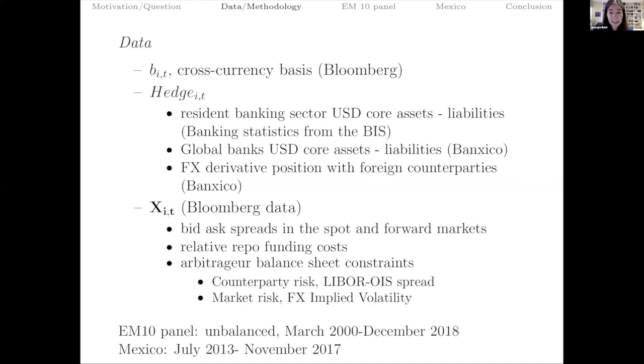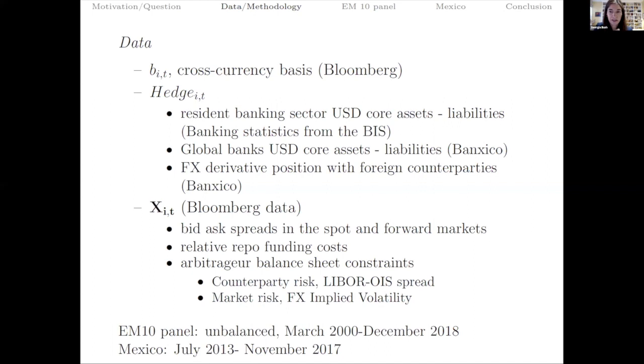Because I do observe the bank level data in Mexico, I can look at the global banks' currency mismatch. I can also see from transaction data the foreign currency derivative positions with foreign counterparties, so from that data I can construct a measure of foreign investor hedging demand.